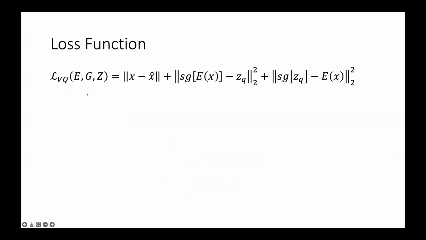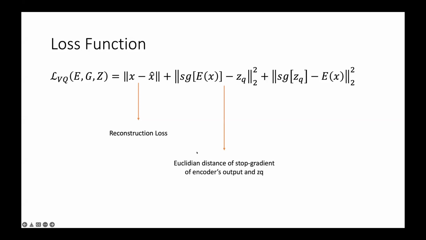So the loss function for this module that I just showed is something like this. The first term is the reconstruction loss, which cannot train the encoder because there is no connection between the gradients from the decoder and the encoder. The second term is the Euclidean distance between a stop gradient function of the encoder output and ZQ.